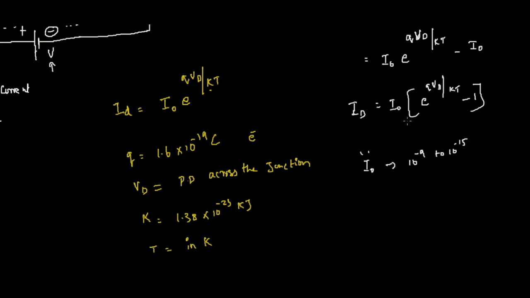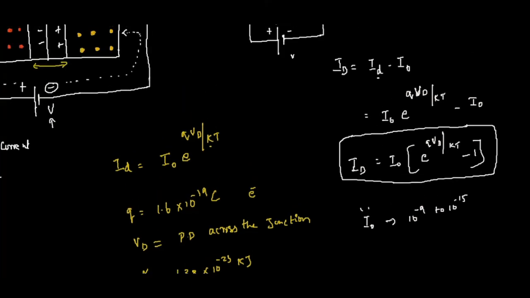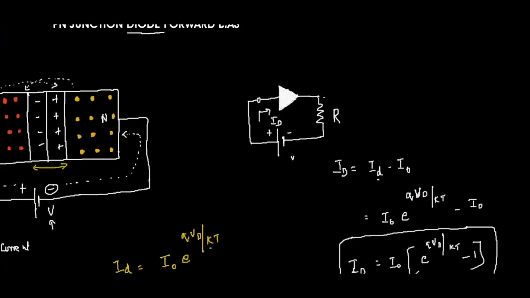In that case, this equation takes a different shape. If they ask you the formula for diode current in the PN junction diode in forward bias conditions, you can write down this expression. This narrowing down of the depletion layer, along with a small potential barrier, creates a low resistive path. The depletion zone is shrinking and creating a low resistance path.